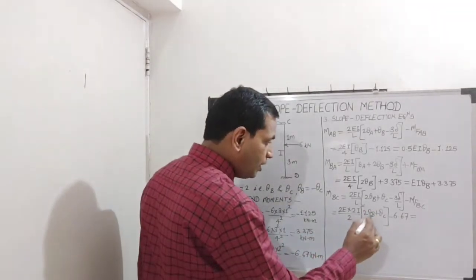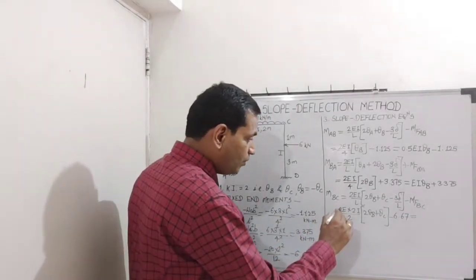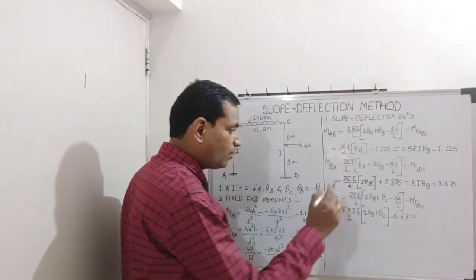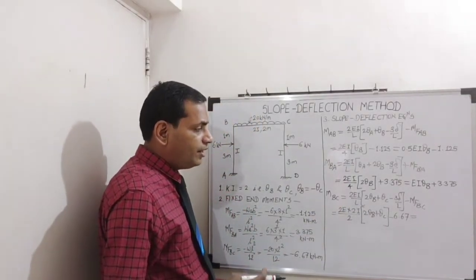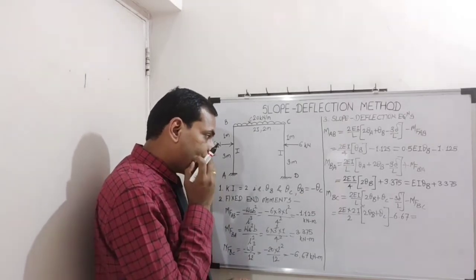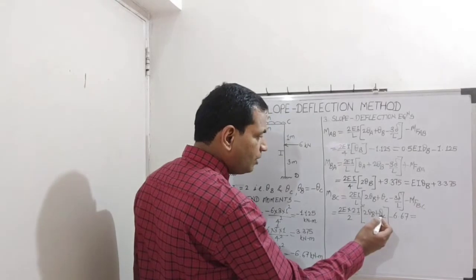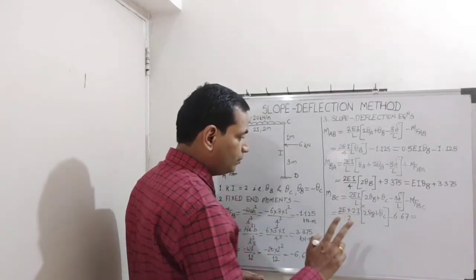So 2 theta B minus theta B is 1 theta B. 2 into 2 is 4, 4 into 2 is 8, 8 by 2 is 4. So it will be 4 EI theta B. Correct? So instead of this, 2 theta B minus 1 theta B is 1 theta B only. So 2 into 2 by 2 is 2.